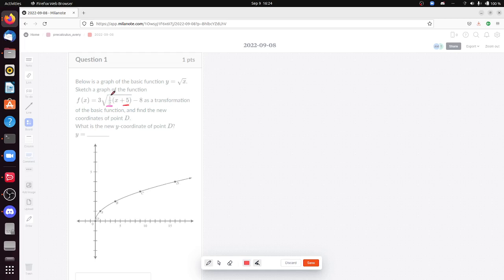Now, obviously, the square root, that just represents the base function. So that's not actually a transformation. The next transformation that happens after that is due to this. When we're dealing with the y coordinate, which is outside of the x coordinate, outside of the basic function, which would be the square root in this case, then things actually behave as you would expect. So here, what we're going to end up doing is stretching the y coordinate.